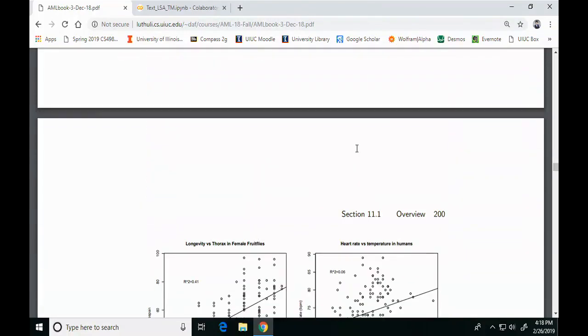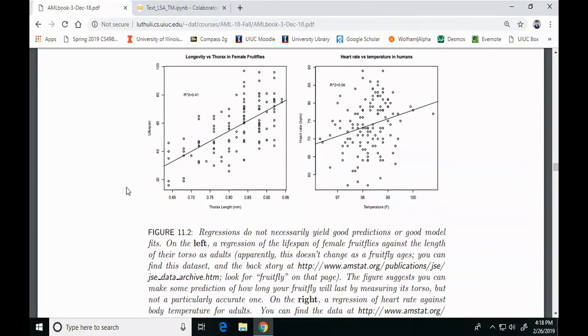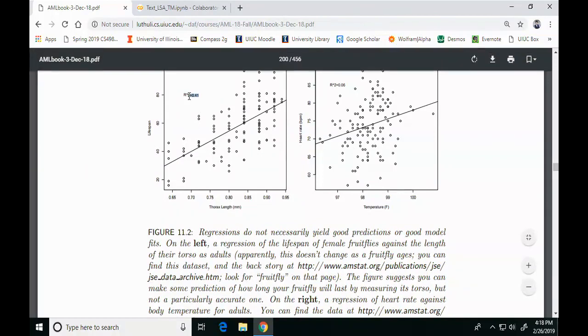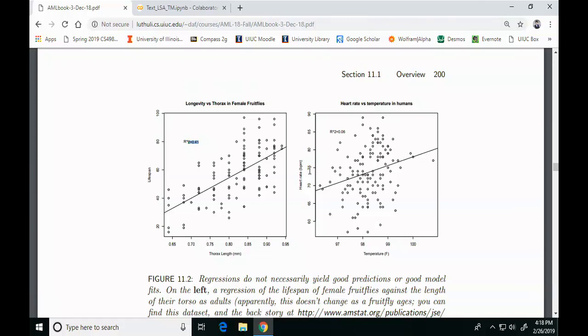Now, if you come down to these examples where we had very poor regressions, you'll actually see that this one is about 0.4. So that's a pretty poor regression right there. This one, basically almost none of the variance is explained by the predictions.